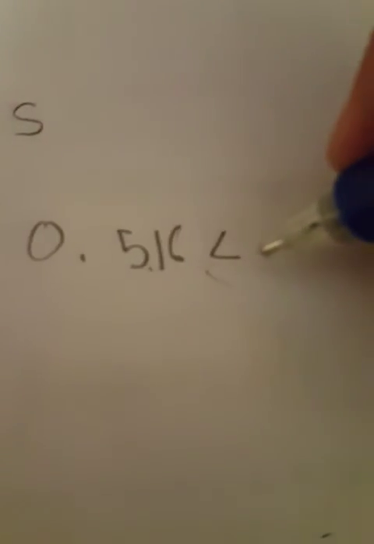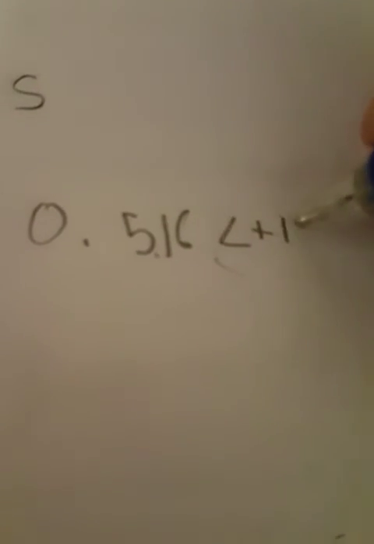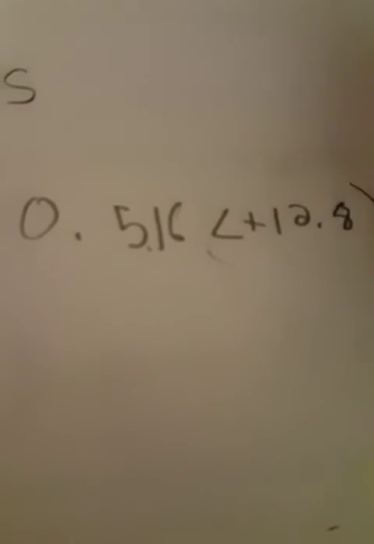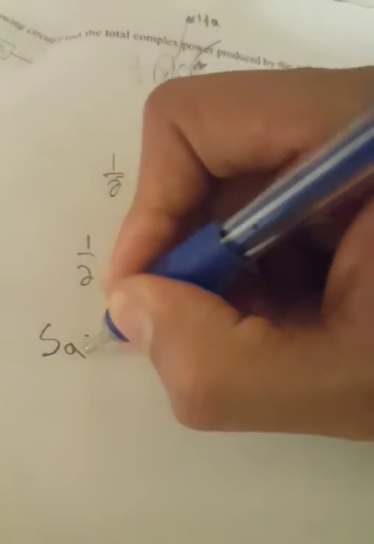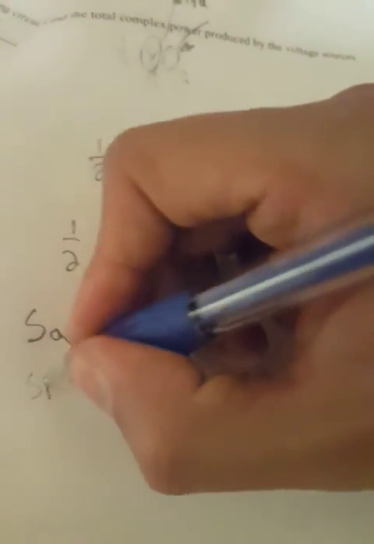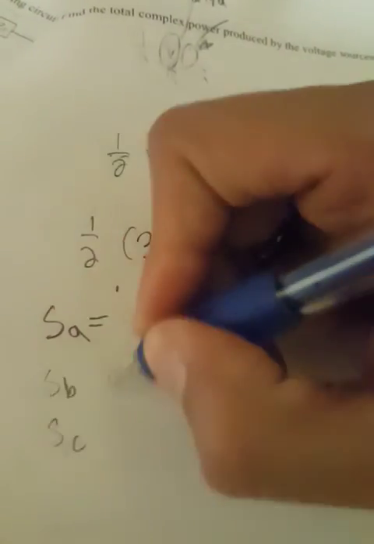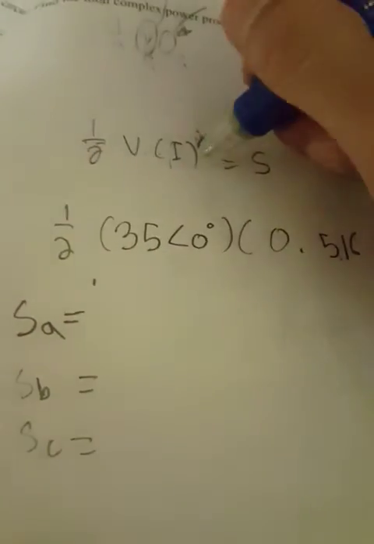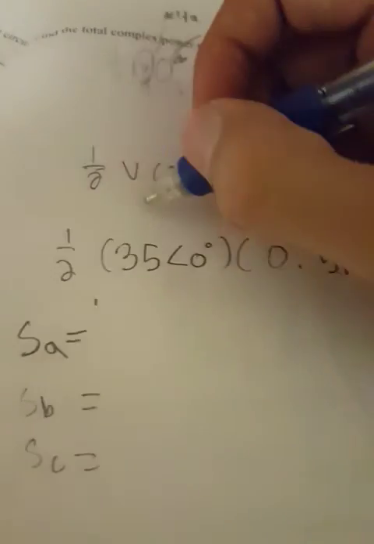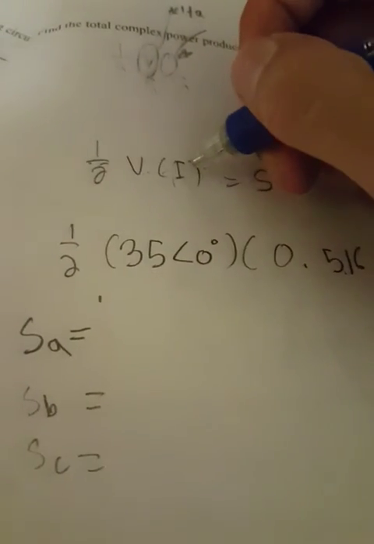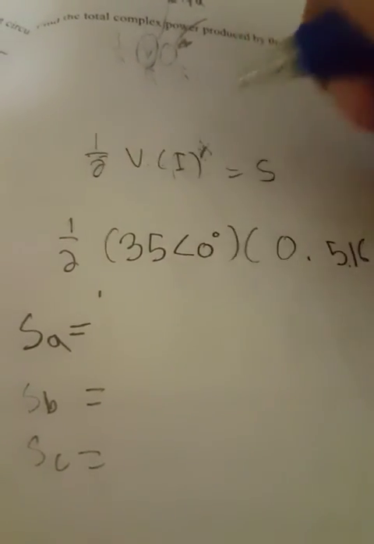In this case, we had negative, so it's going to be positive 12.8. Cool. Plug it in. Solve. There you go. You got S, the complex power of A. Now do the same thing with complex power of B and complex power of C. Instead, use voltage at A, voltage at B, and voltage at C with the corresponding current at A, B, and C. Cool. Done. Boom.